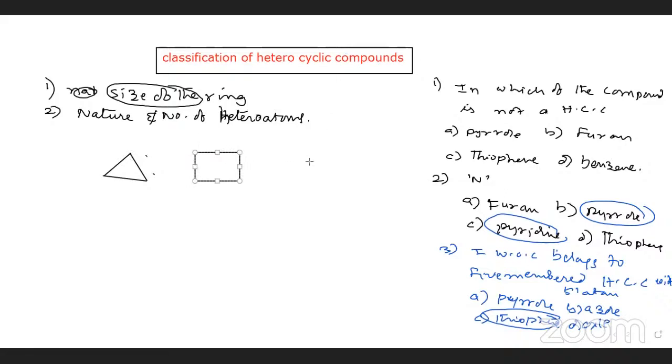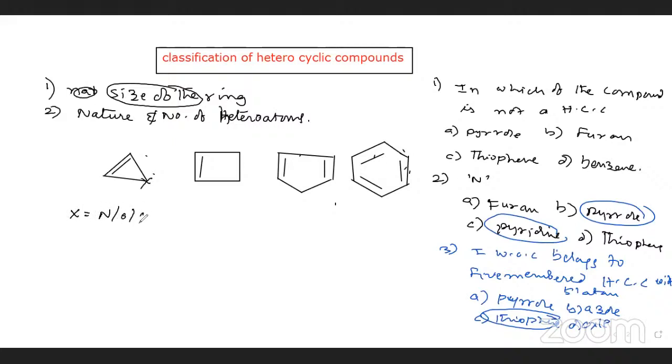Here, X indicates a heteroatom, either nitrogen, oxygen, sulfur, etc.